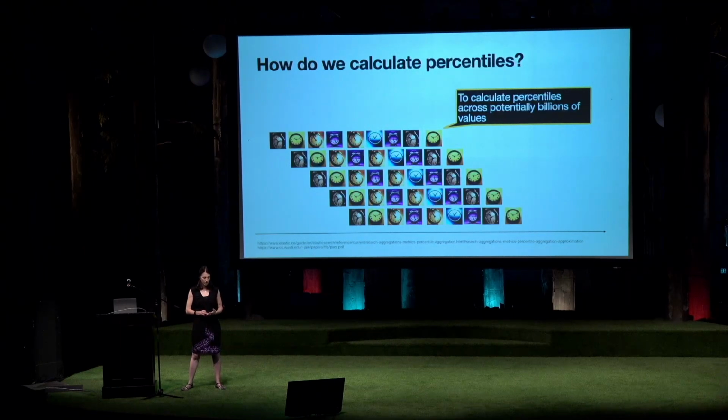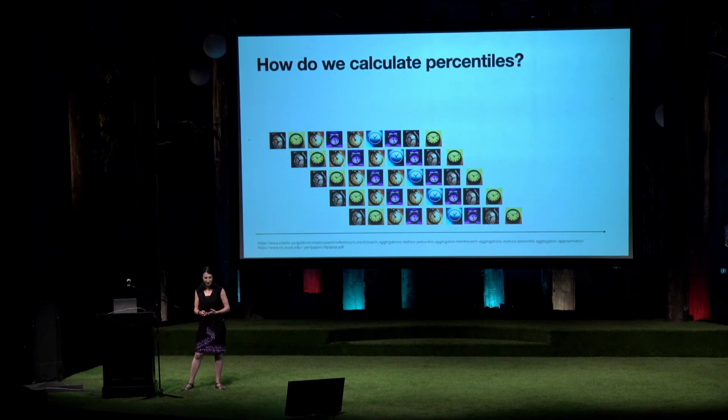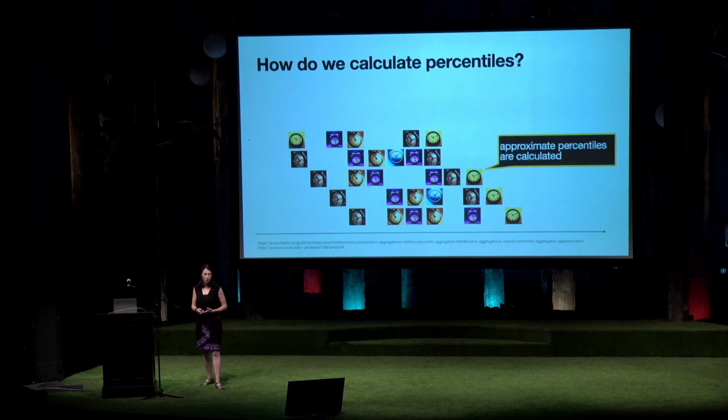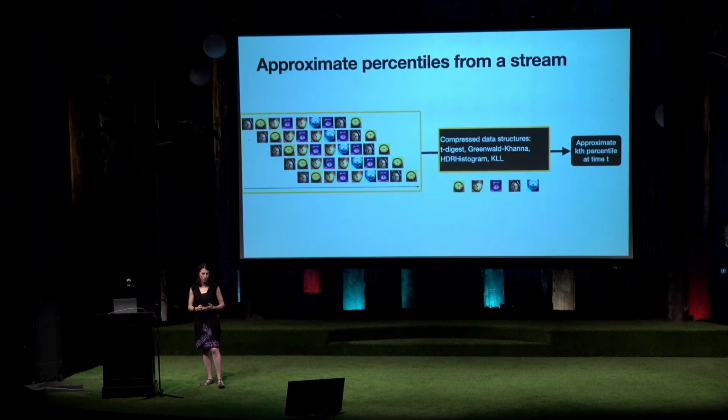So what we need to do is we need to approximate it. And to approximate percentiles, we actually have existing compressed data structures that we can use. And these are things like T-Digest, which has a beautiful paper by Ted Dunning that I urge you to read, it's really easy to read. It is made really accessible to all of us. I think it's awesome.